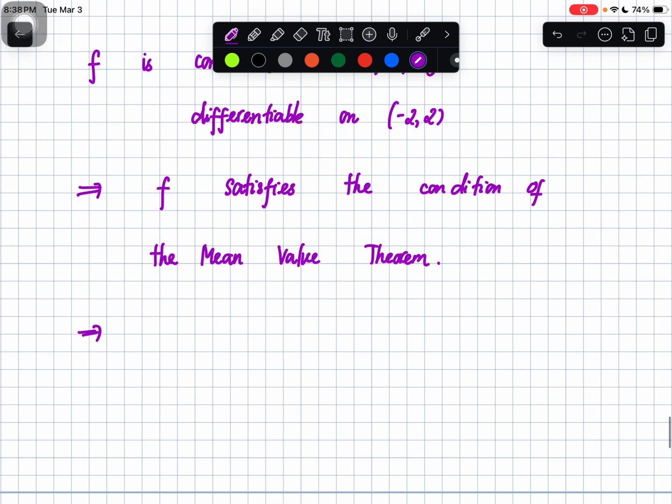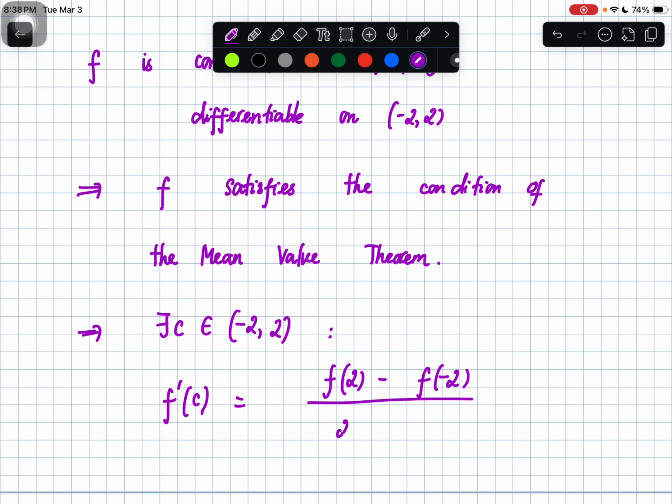And by the theorem, we know that there is c between -2 and 2 so that f prime of c equals (f(2) - f(-2)) over (2 - (-2)).